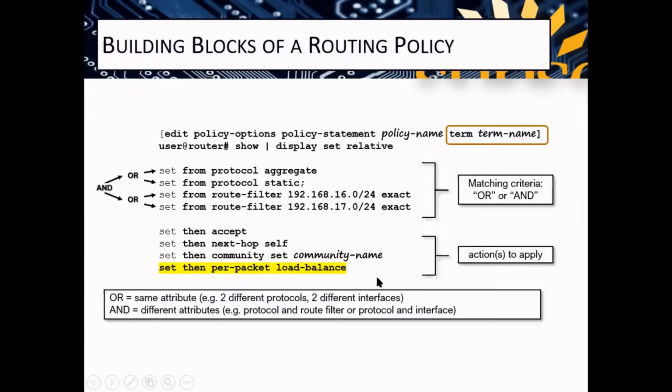Or I can be more specific. Maybe I want to apply load balancing only to certain protocols or only to certain prefixes. So I can just add some from statements to make that happen. And I'm going to show you some examples where you can see the 2 options, basically.